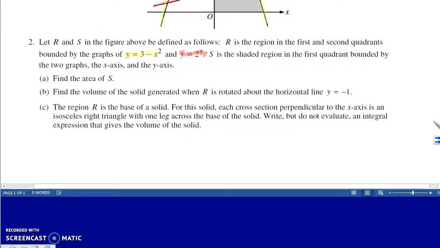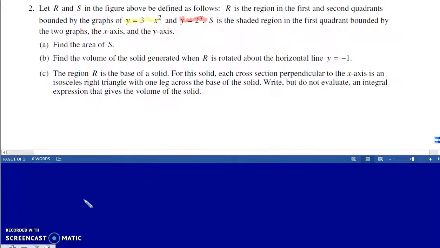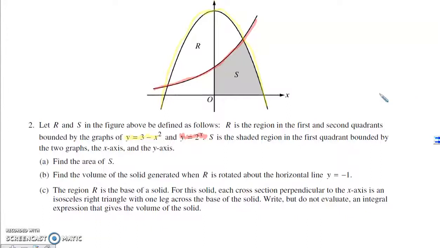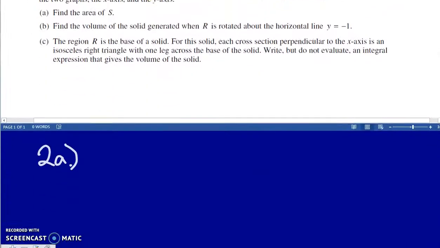Now with 2a, what we're going to do is integrate. So I'm going to integrate with respect to x. I'm going to do the upper function minus the lower function.